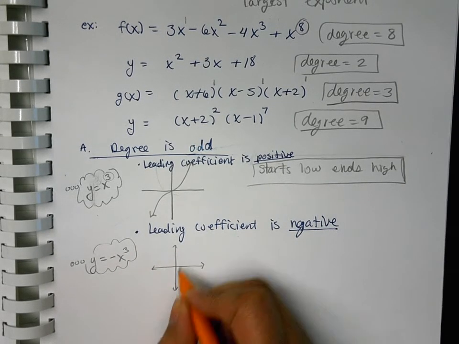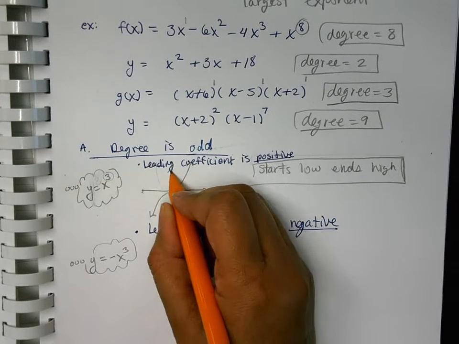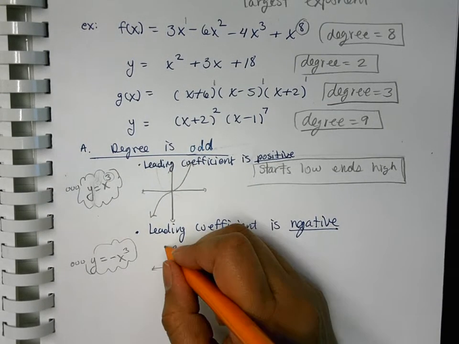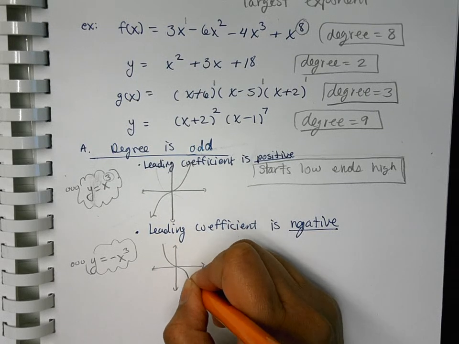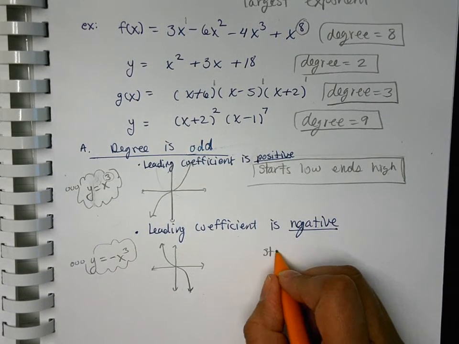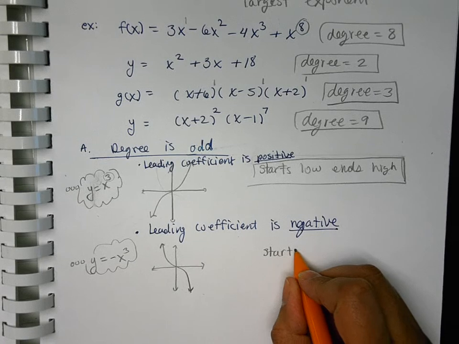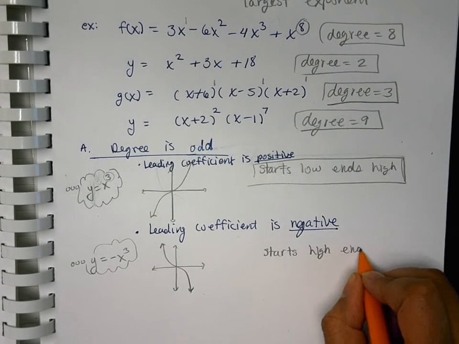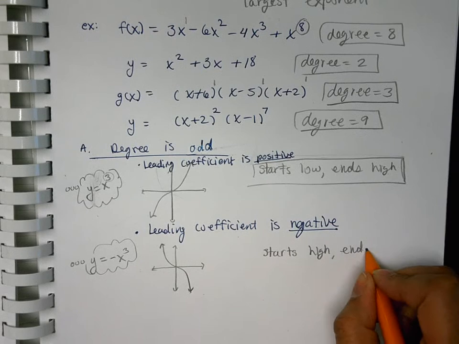I heard somebody whisper it. It flips it, across the x-axis, so it looks like this. So does that also start low, end high? No. It starts high, ends low.